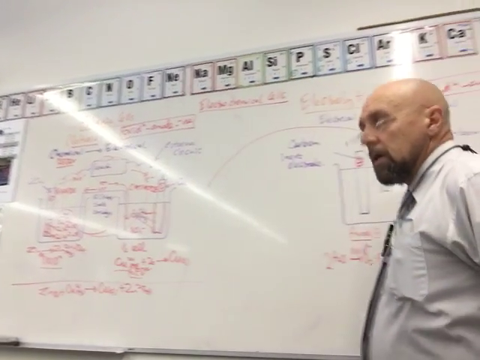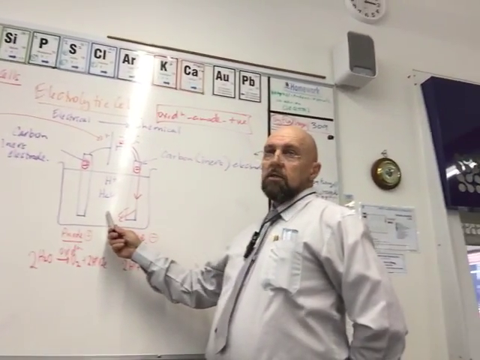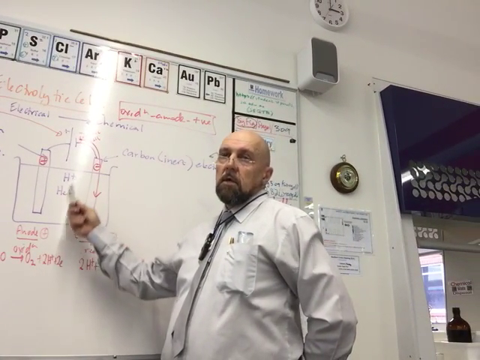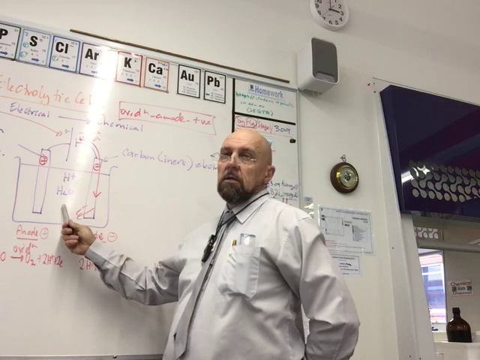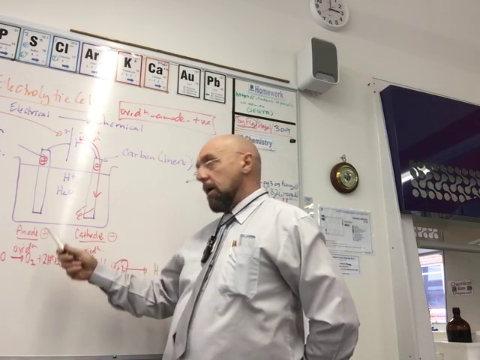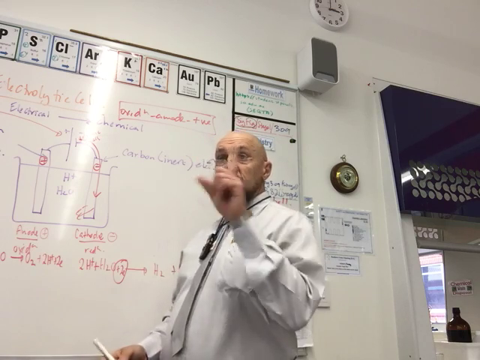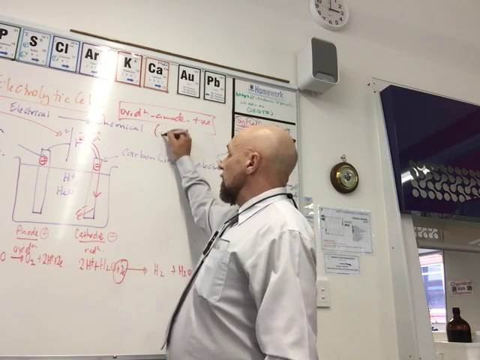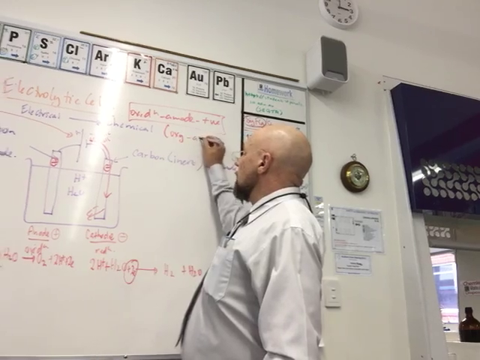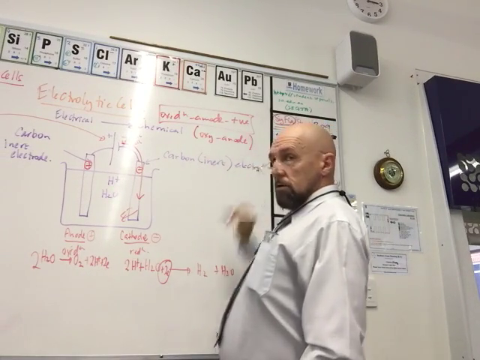What I've got here in this solution is a weak acid solution. That's why I had to have H plus for it to be a conductor. Water reacts at both the anode and the cathode. One thing I forgot to mention was, you also have to remember oxygen at the anode.